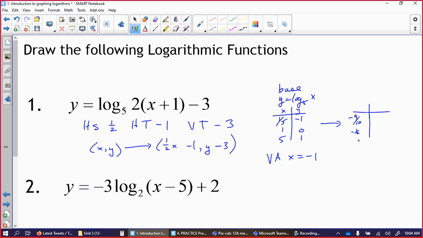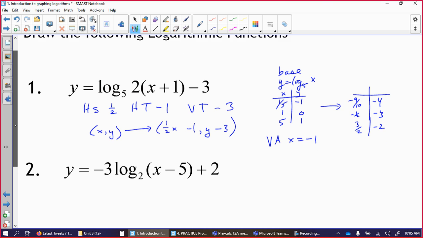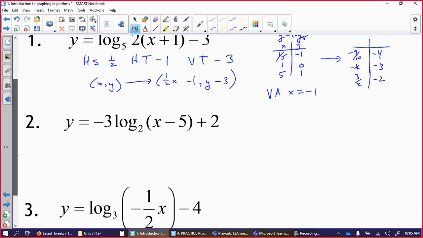A half minus 1 is -1/2. A half of 5 is 5 over 2. And 3 over 2. -4. 0 minus 3 is -3. And 1 minus 3 is -2. Those would be your points to plot.